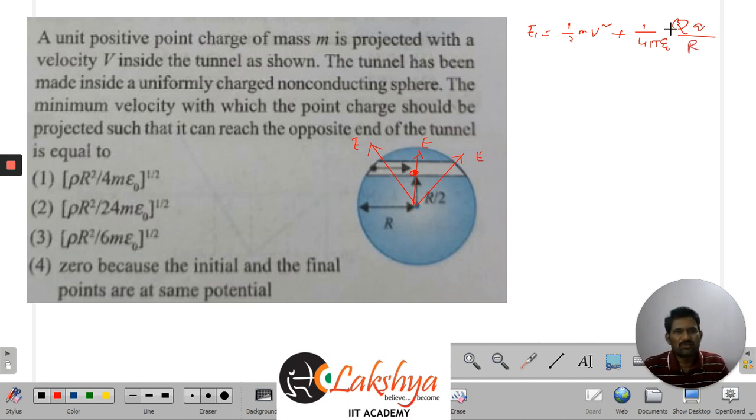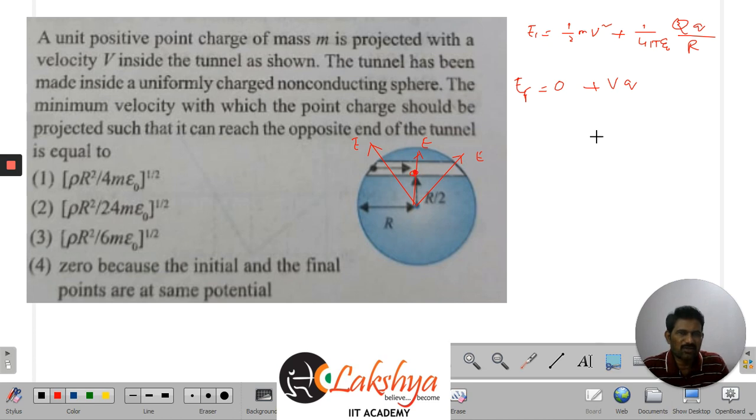Here I am writing in terms of charge, and later you may convert this into charge density, because our options are in terms of charge density, which is given in the data. This is our initial energy, and the final energy we can write as 0 plus potential at the center into Q.